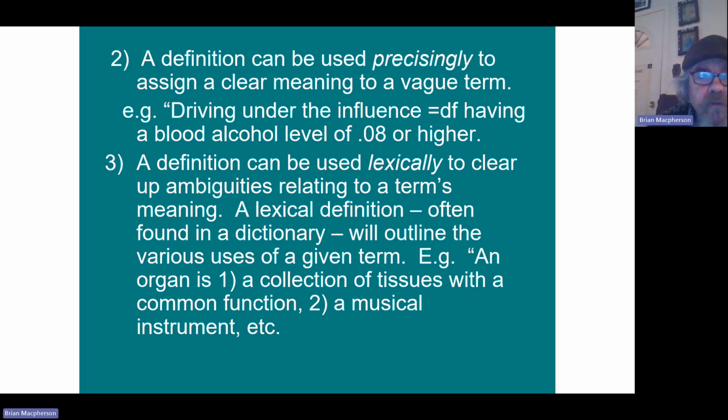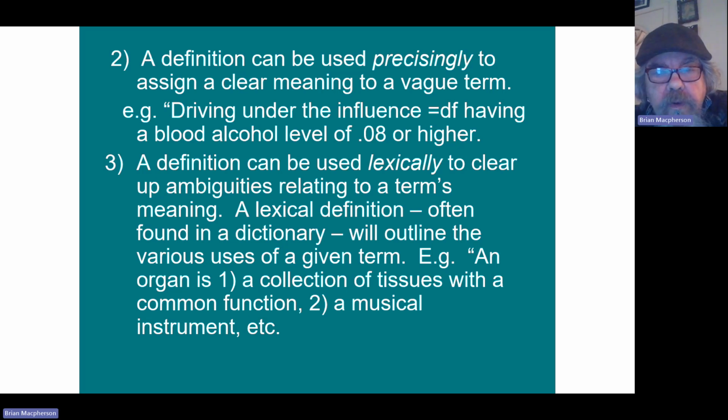A definition can also be used lexically. What a lexical definition does, you'll find those in dictionaries, is it disambiguates a term that has multiple meanings. I'm sure, as you know, in many languages, the same term can have multiple meanings. So usually a place that you find lexical definitions is in dictionaries, and the lexical definition that you find in a dictionary will outline the various meanings or uses of a term.